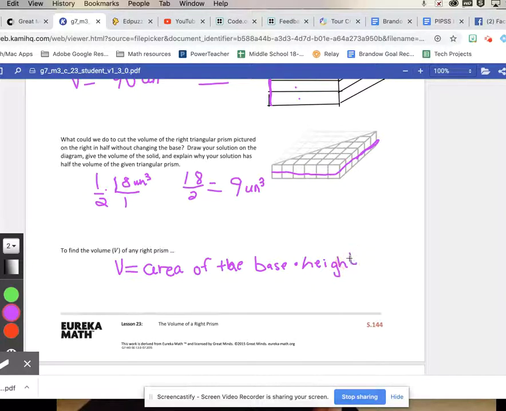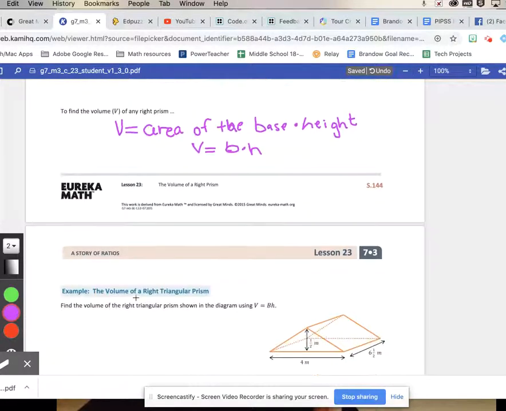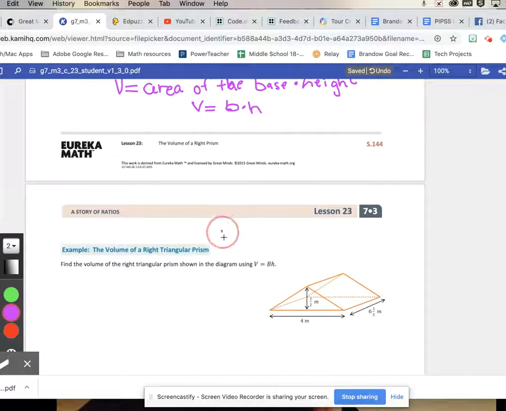And if you would prefer to write that, volume equals base times height, that's fine too. Or you can just do V equals BH, because if you get rid of that, you know B and H would be multiplied. So knowing our formula, volume equals area of the base times height.